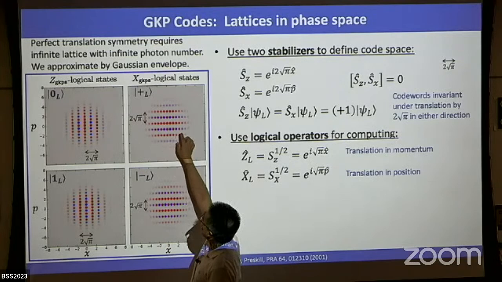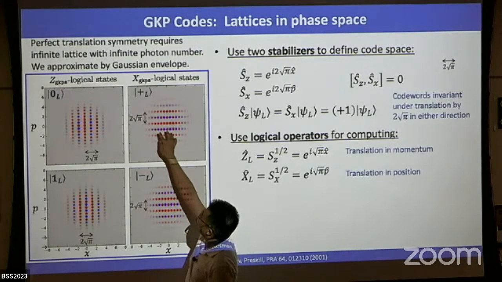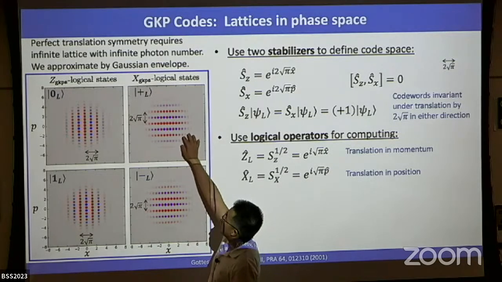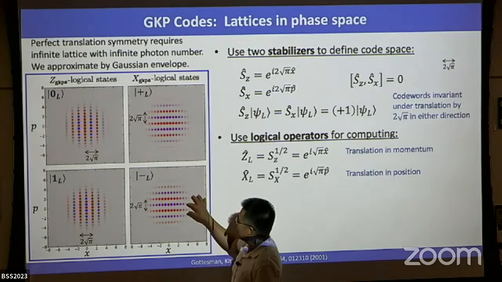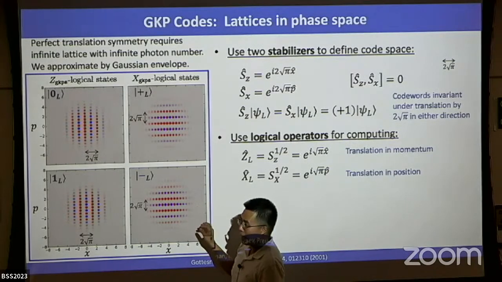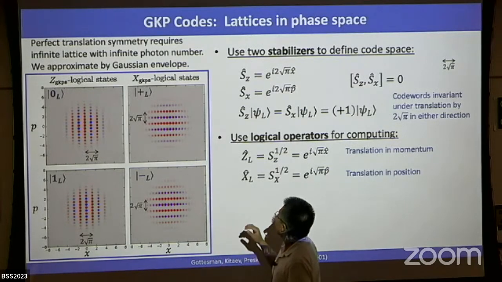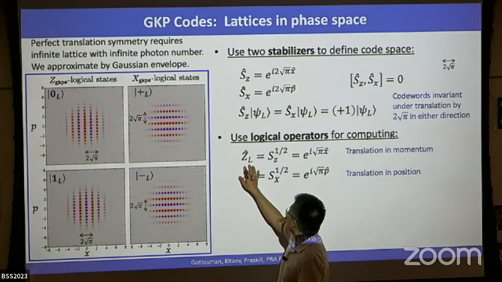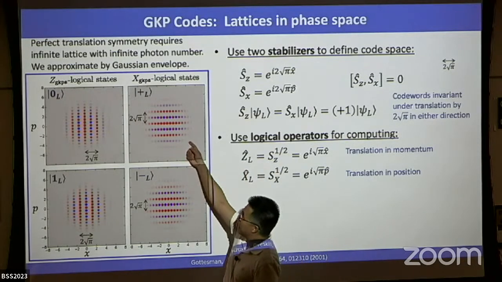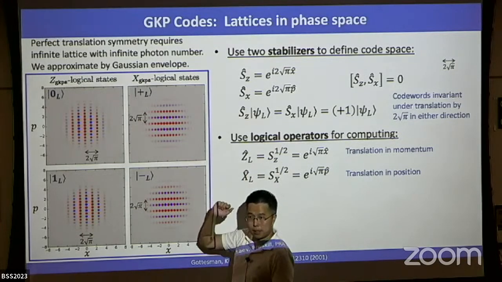The logical plus has only those at even integer multiples of pi, while the minus state is at odd integer multiples of pi. That's consistent with the logical Z operation, because logical Z shifts from even to odd, which goes from plus to minus or minus to plus.